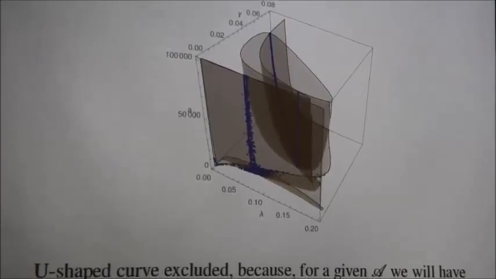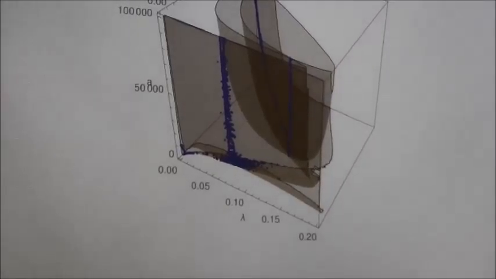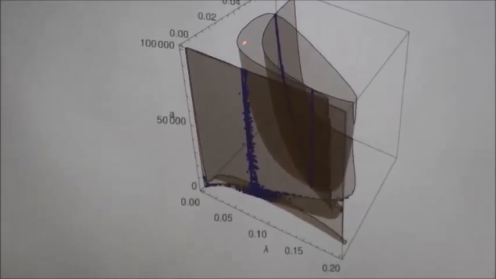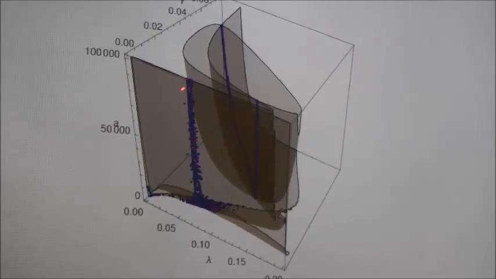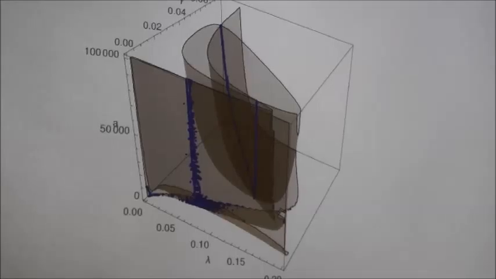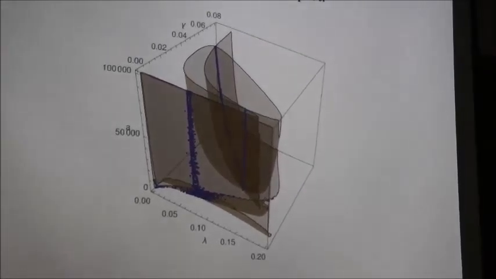So here is the plot, and the part of the plot which is meaningful for our calculation has a broadening due to the impreciseness of the plot which I made in Mathematica.